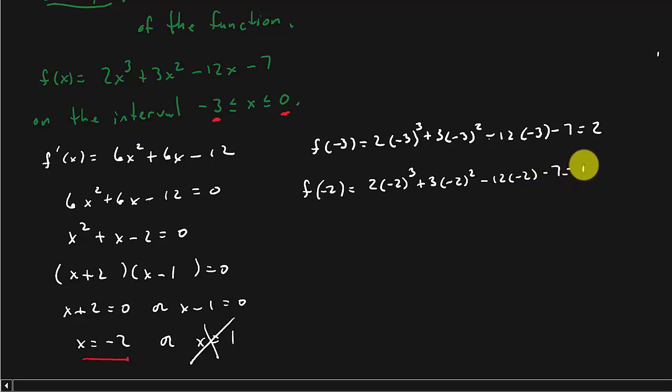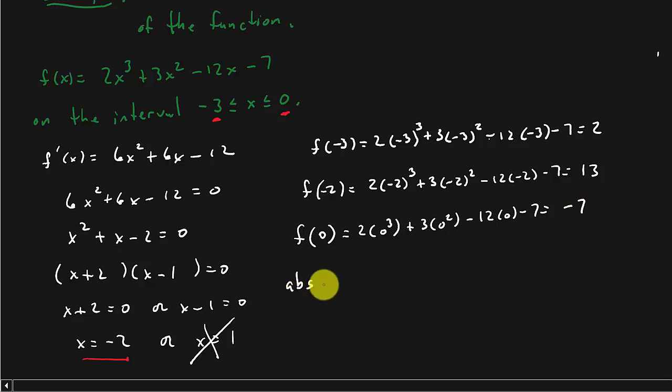And that's going to give us an answer of 13. And then f of 0, that's going to give us 2 times 0 cubed plus 3 times 0 squared minus 12 times 0 minus 7. And that's going to equal negative 7.